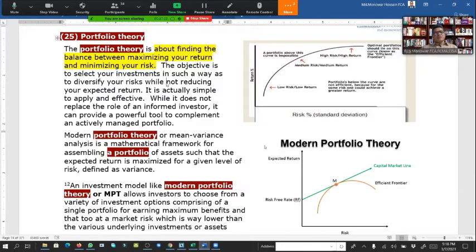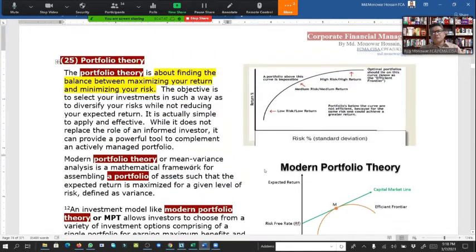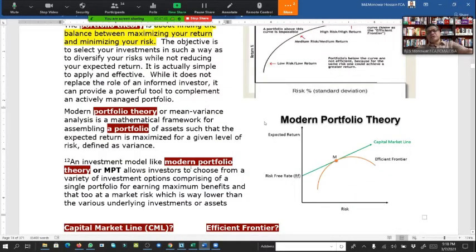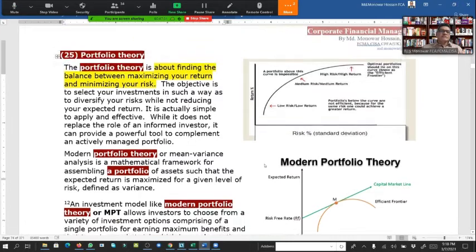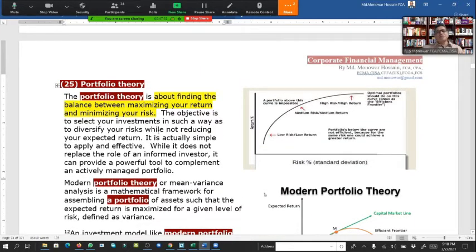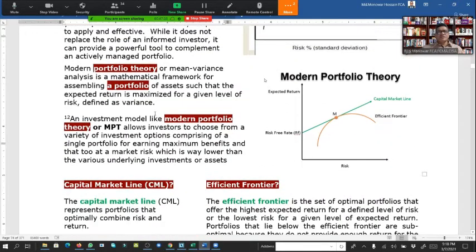It can provide a powerful tool to complement an actively managed portfolio. So, modern portfolio theory or mean variance analysis. Here I think we do not need to study portfolio theory very deeply. Just for theory purposes, it can be a short note, describe the portfolio theory, 5 marks or 6 marks, etc.